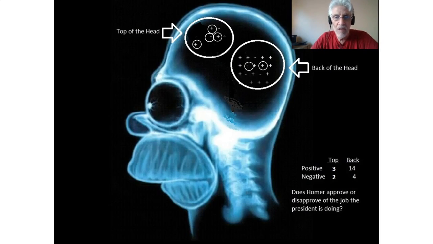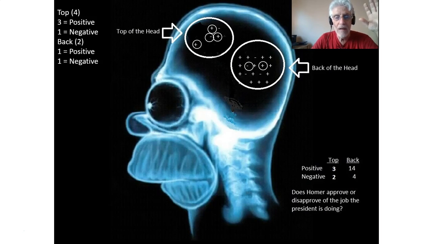So in this particular case, when Homer did his random sample, he sampled 3 positive things about the president and 1 negative thing. Then in the back of his head, he sampled 1 positive thing and 1 negative thing.